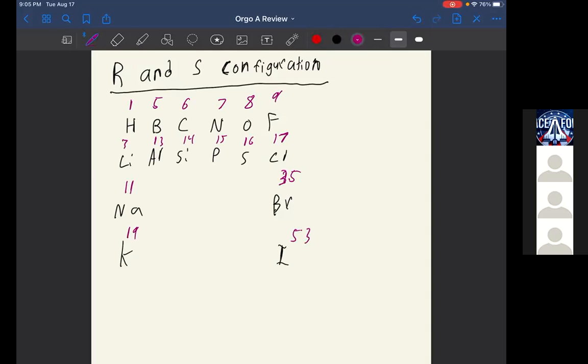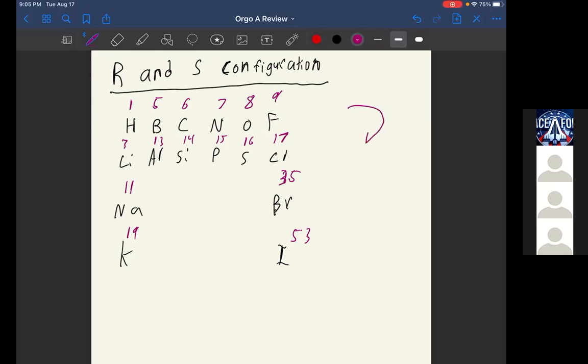So now then with these numbers, after you memorize, you probably should memorize these for R and S, because atomic number allows you to prioritize the various substituents on a carbon or a chiral center, and then you would either draw a counterclockwise circle around the molecules via the priorities, or you would draw a clockwise circle around them to determine R and S, which I'll show you in the next practice problem.